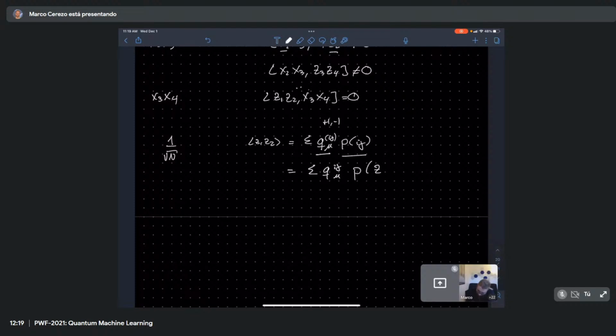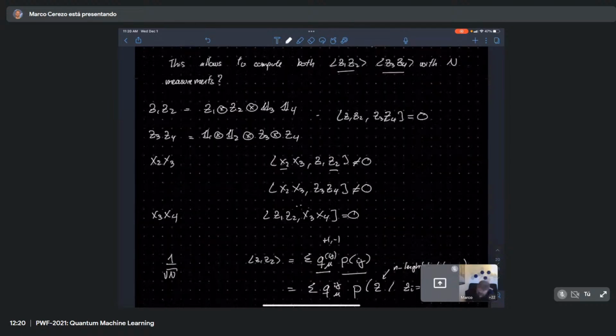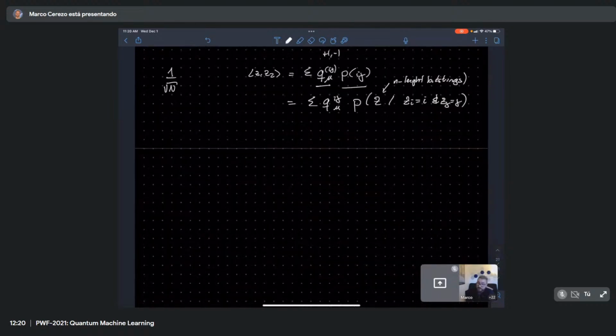Now, this is full n length bit strings, that will have the qubit i such that Zi equals i and Zj equals j. Because what are we using here? We are just replacing via this equation right here. So this is a summation of a bunch of terms.